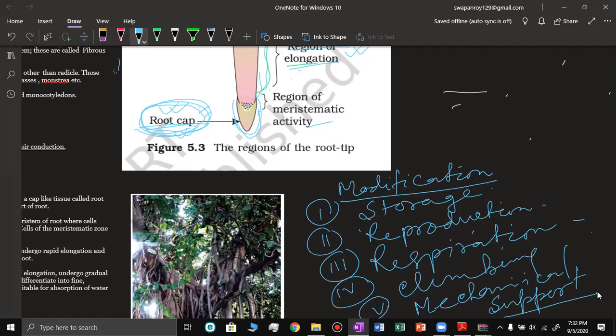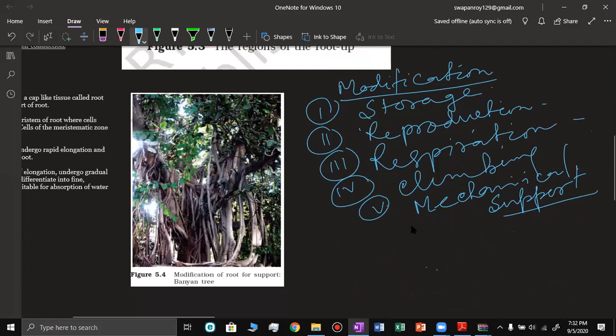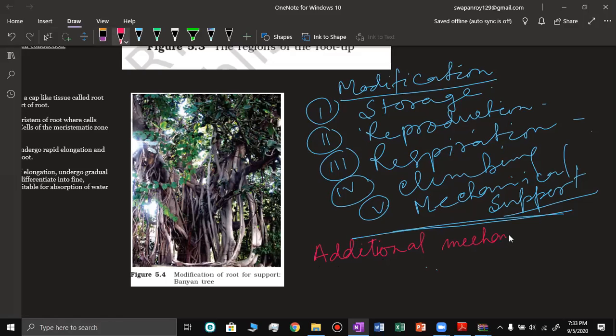Okay, different functions are there. So here I will show you that there is some modification where the plant requires a special or additional mechanical support.